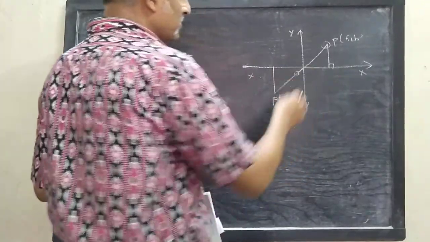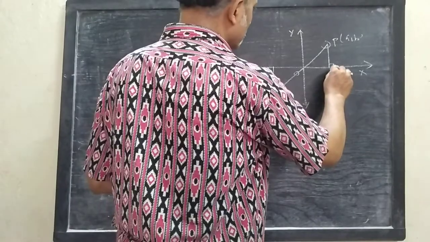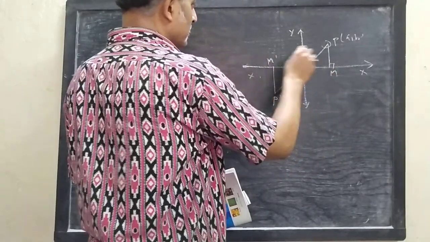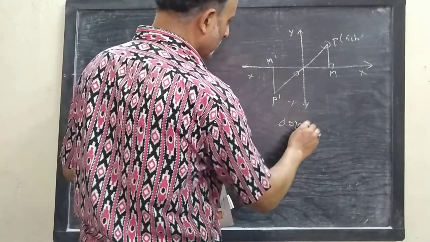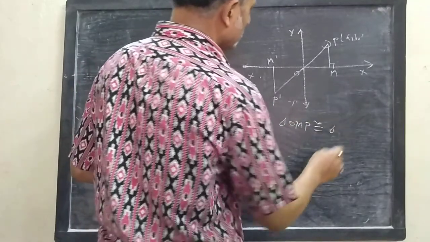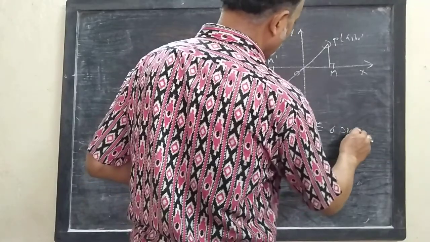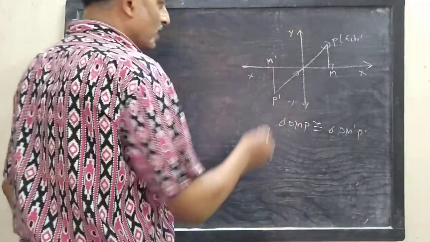Now look, suppose this point is M, this is M dash. Now look, triangle OMP is congruent to triangle OM dash P dash. Why?